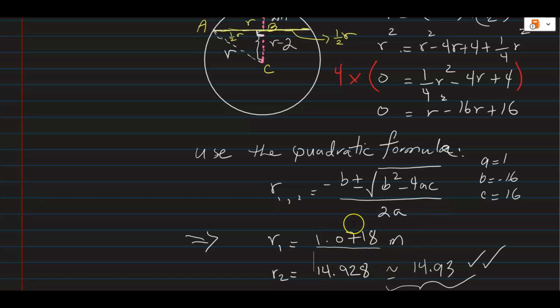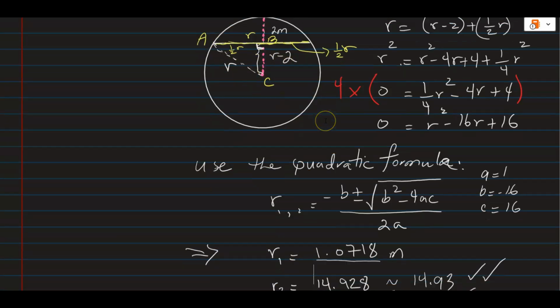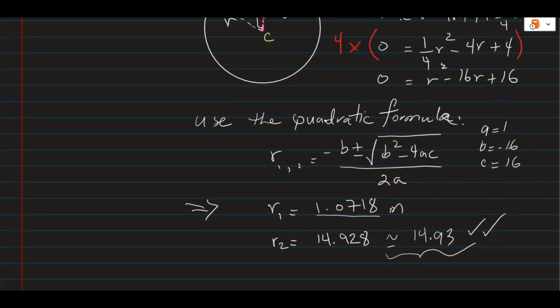So notice that R1 at 1.07, this value right here, doesn't make sense. If you look at the diagram again, the BC portion of this triangle, which is part of the cross section, is R minus 2. Well, if you plug in 1.07, just rounding it to 2 decimal places, and then you do R minus 2, that will give you a negative measurement.